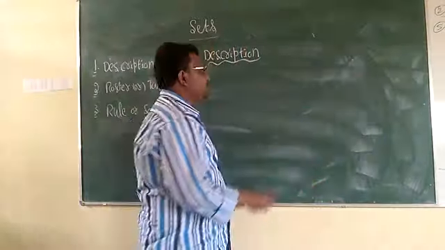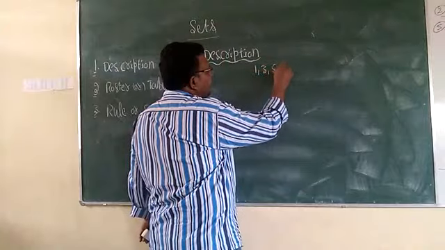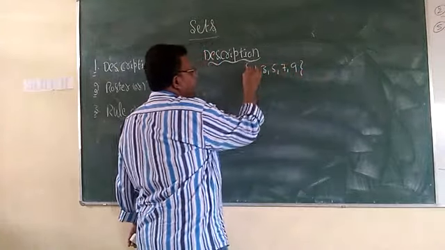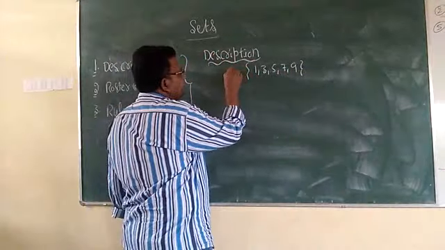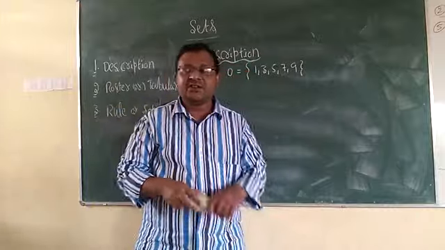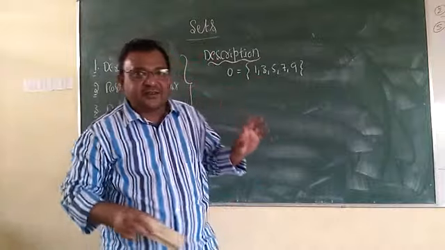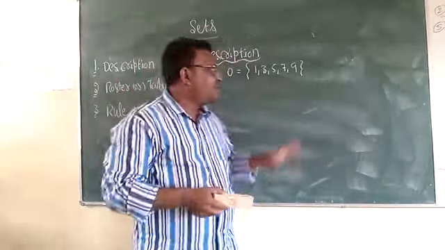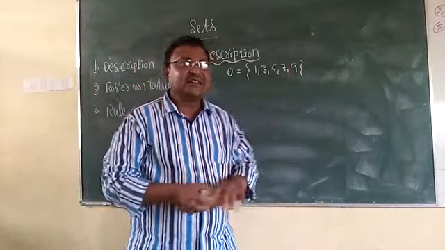For example, 1, 3, 5, 7, 9. Observe here, it is set O. What are the elements in this one? 1, 3, 5, 7, 9. By observing these, we can prepare one description here. These are all odd numbers less than 10.